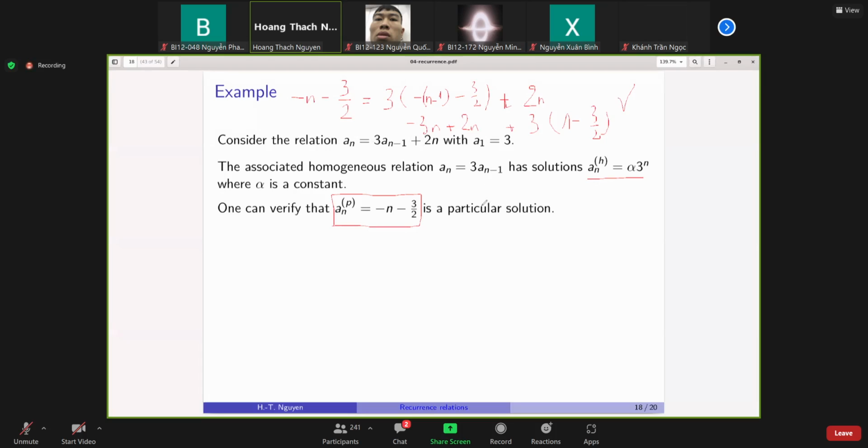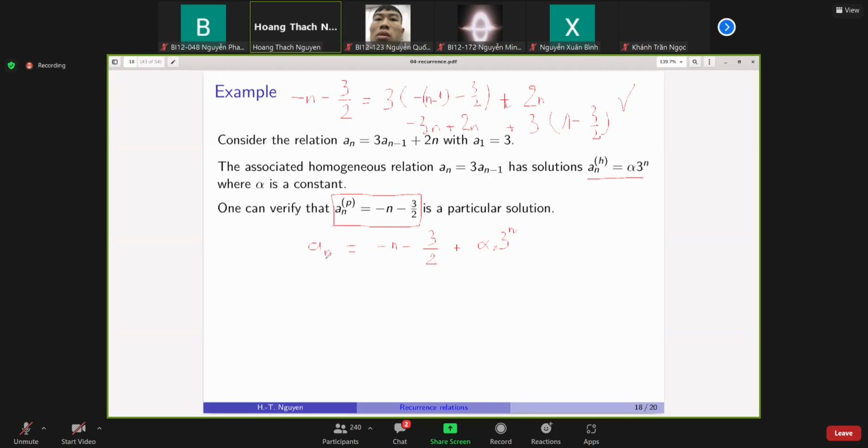So according to the previous theorem, a generic solution to this relation would be something like a_n is equal to this particular solution, minus n minus 3 halves, plus alpha times 3 to the power n. And now in order to determine the exact value of alpha, we will use the initial condition.